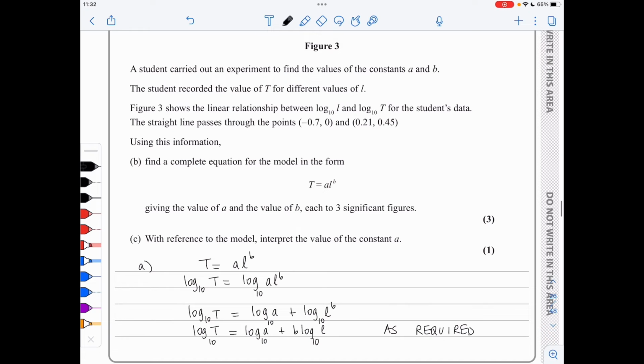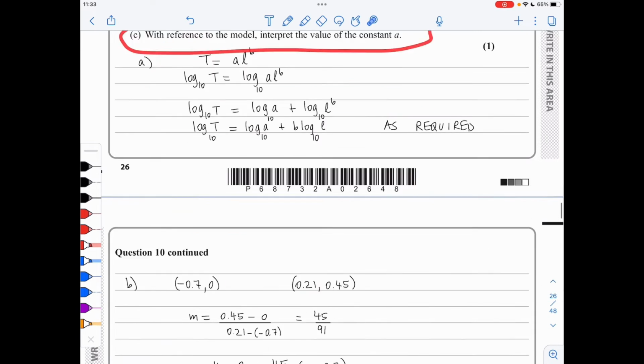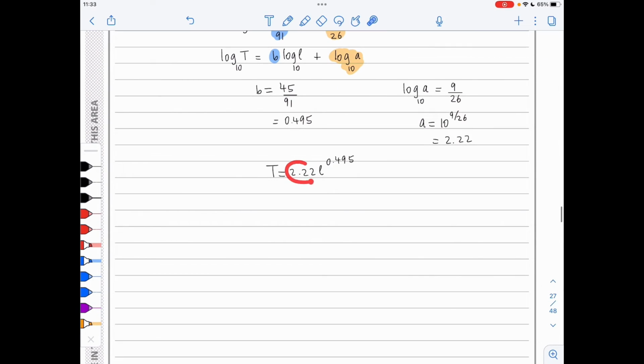And then part C, with reference to the model, interpret the value of the constant A. A is the 2.22 we found here, and we can see that when L is 1, then capital T is 2.22. Now, L was the length of the pendulum.